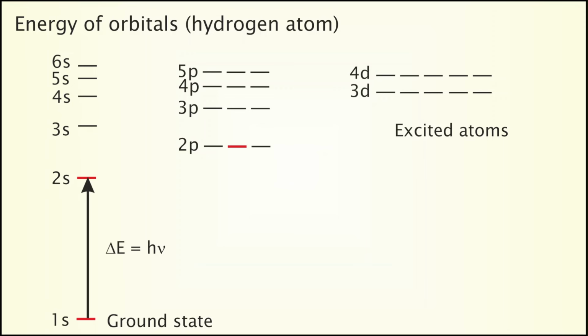We have already talked about this. The electron can only be excited by specific amounts of energy, and these amounts of energy have to correspond precisely to the distance between the orbitals here in this scheme of orbital energies. So I have shown you that if you want to lift the electron from the 1s state to the 2s state, you have to add precisely the amount of energy symbolized by this arrow here.